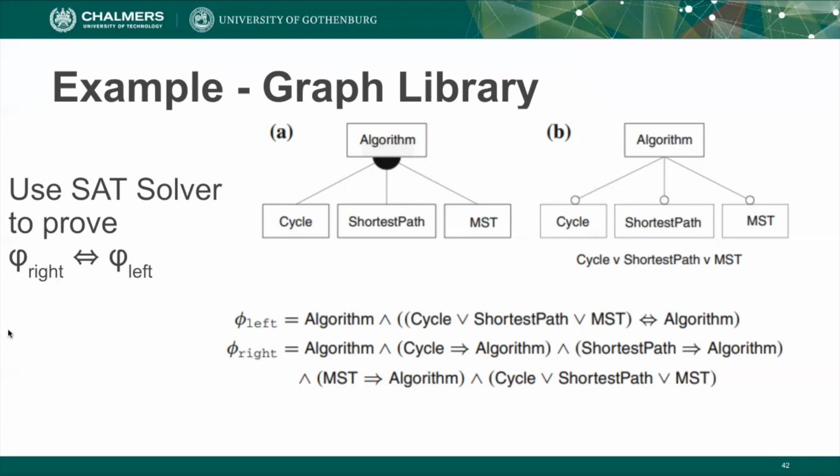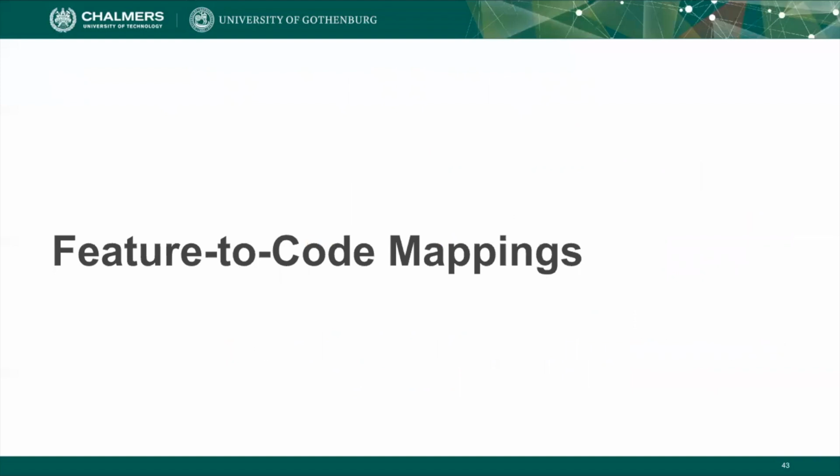And the SAT solver can go in and find this out. It can find out, hey, are these equivalent or not? Now, there's a little bit more we can do with this kind of analysis.